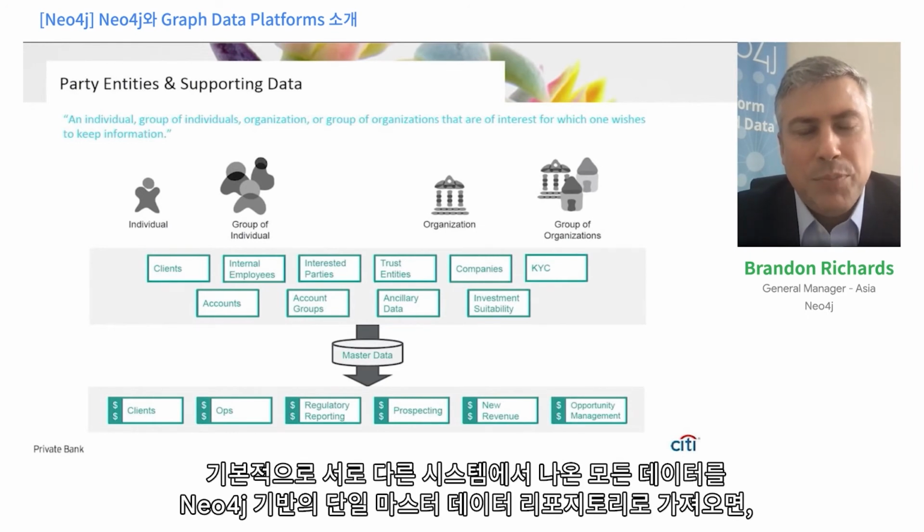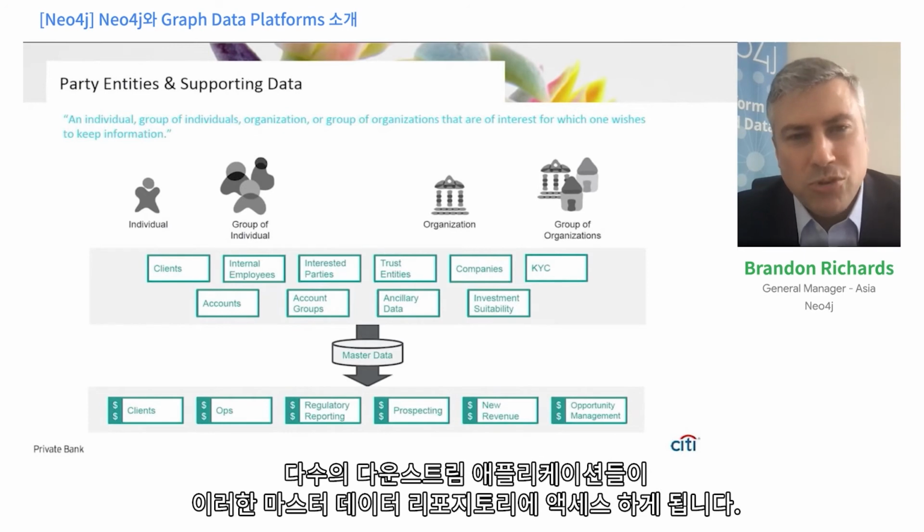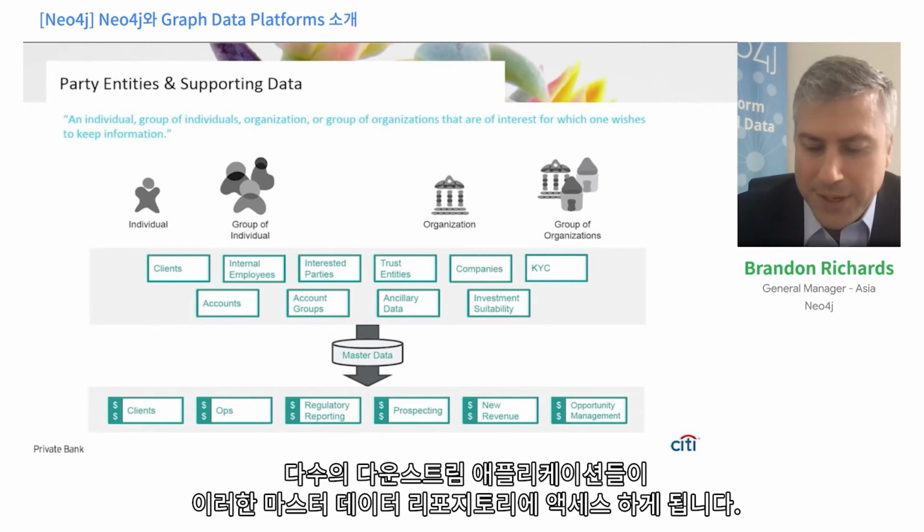And so they basically pull all this data from all their different systems into one master data repository on Neo4j. And then downstream, a lot of applications will then ping this master data repository.